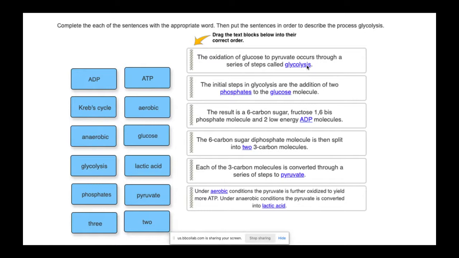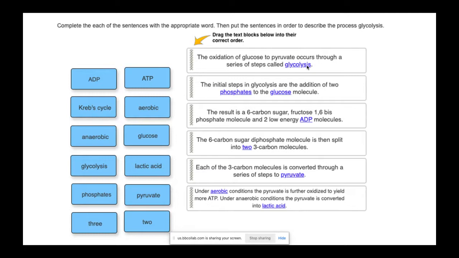You got a carbon here, a carbon here, and a carbon here. Then you get a carbon, carbon, carbon. So when they're together, you have 6 carbons. When they're separate, 2 3-carbon sugars. These 2 3-carbon sugars are called pyruvate. And as long as oxygen is available, pyruvate can enter the mitochondria and be broken down further.